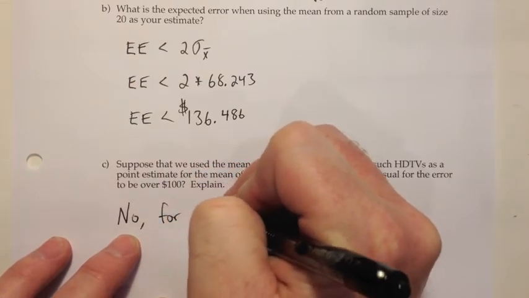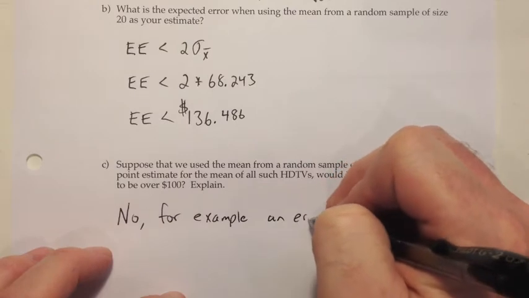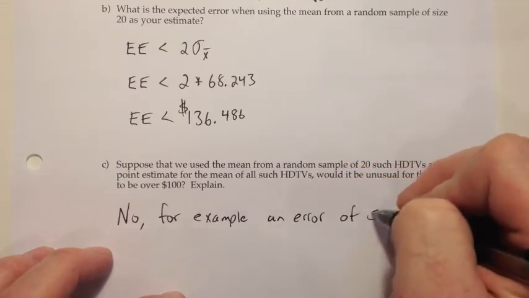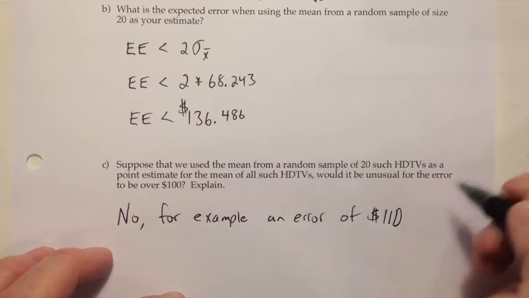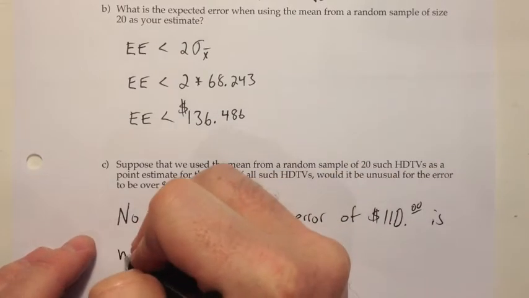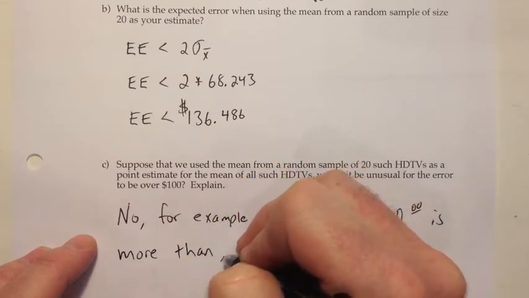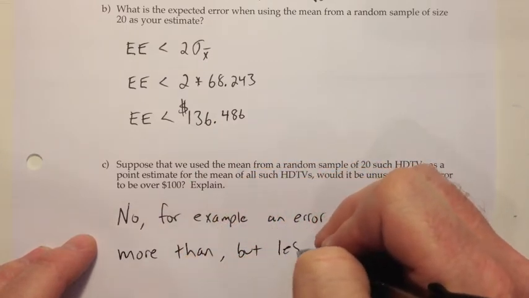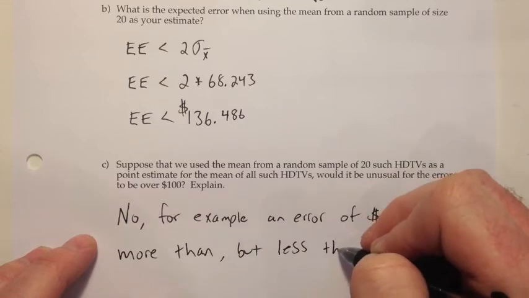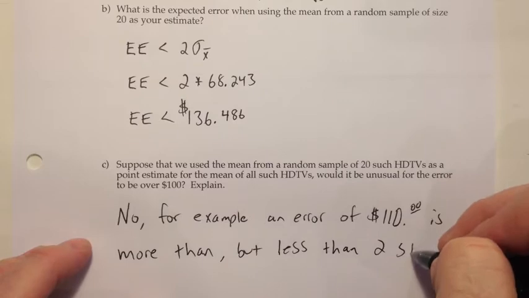For example, an error of $110 is more than 100, but less than 2 standard deviations away from the mean.